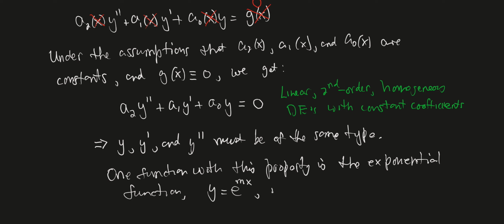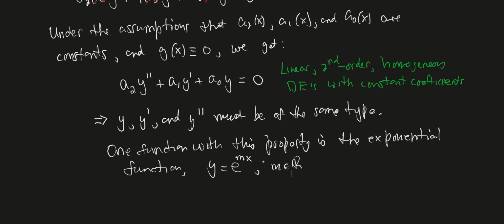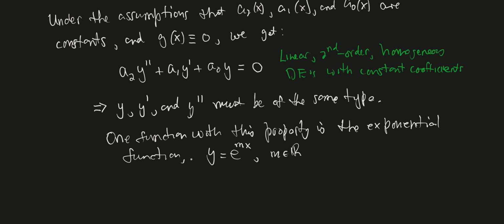So if I say that my m can be some real number, then again, let's just illustrate this fact: if I differentiate it once, I am going to get m e to the mx. It's the same type of function, just a slightly different coefficient. If I differentiate it a second time, I'm going to get m squared e to the mx.